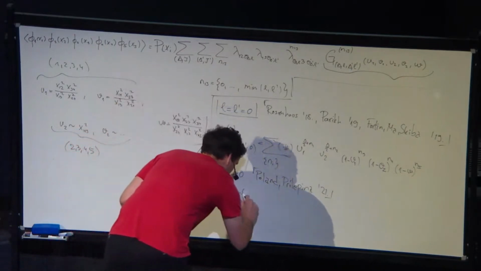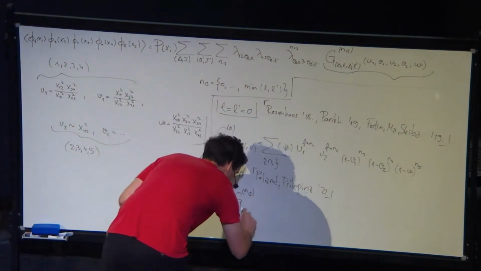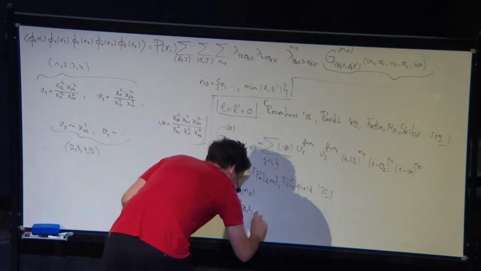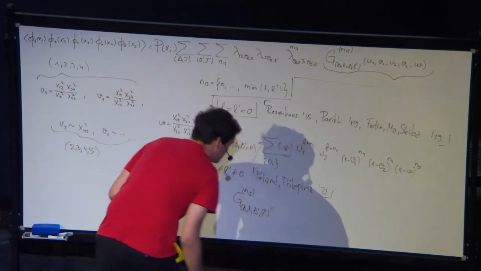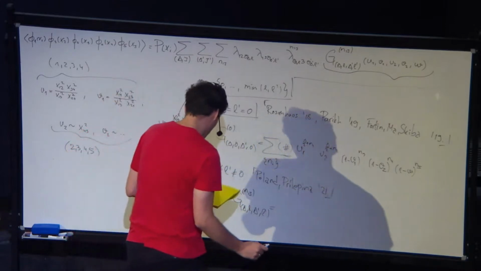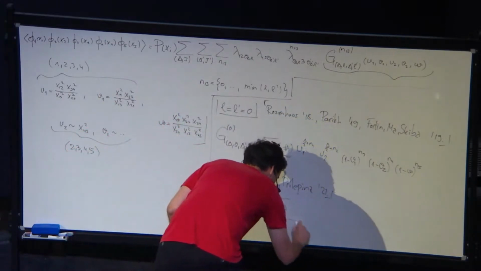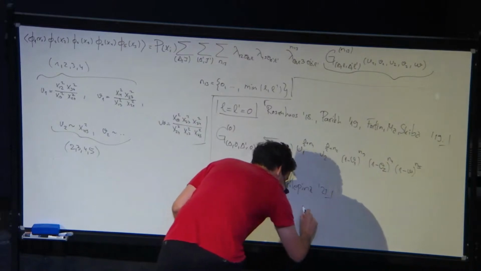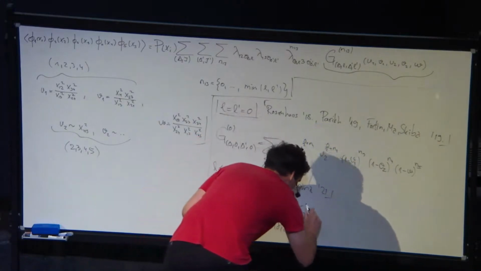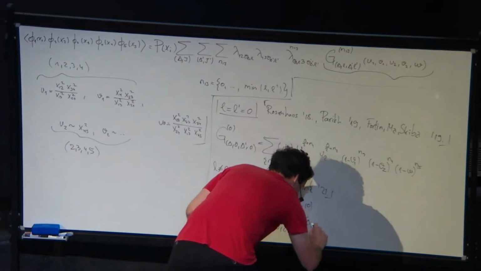You start with some spinning conformal block, for exchanged spinning operators, and then you can express it as a sum over deltas of scalar conformal blocks.